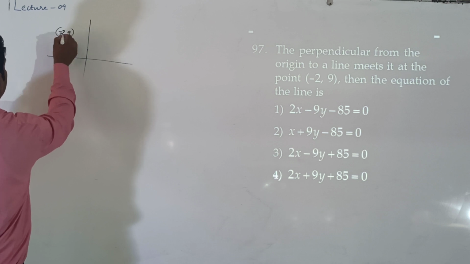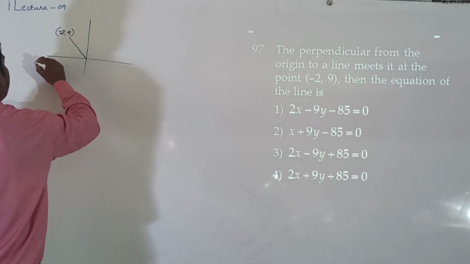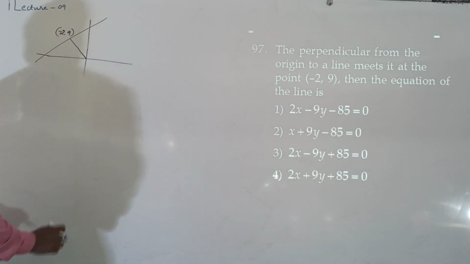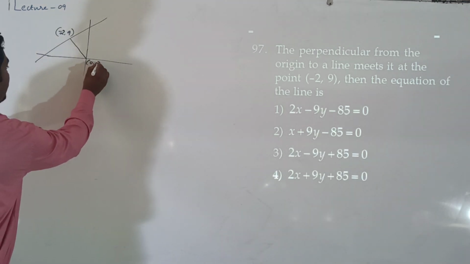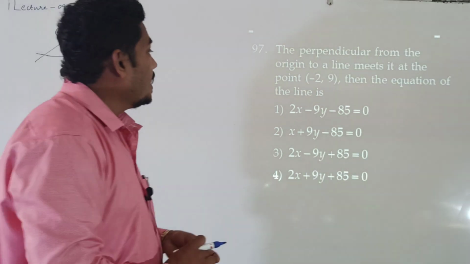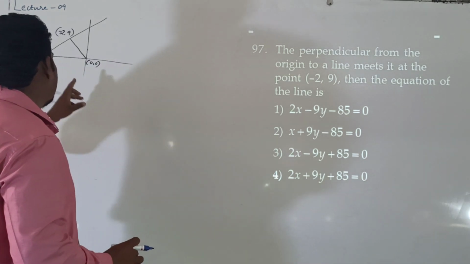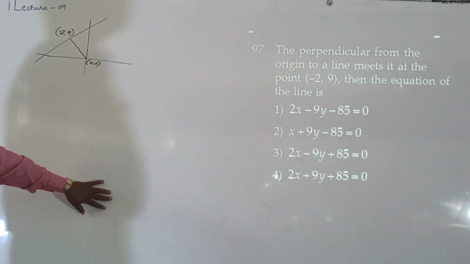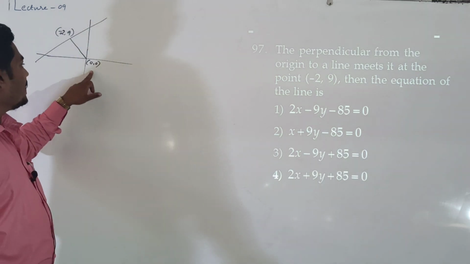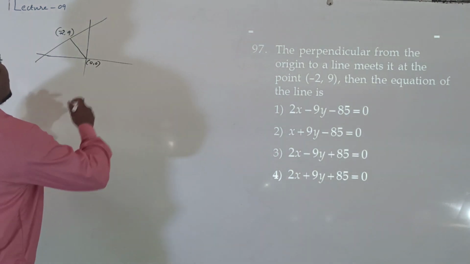From the origin, 0 comma 0, the perpendicular is drawn to the line, and that perpendicular meets the line at minus 2 comma 9. Then what is the equation of line L?